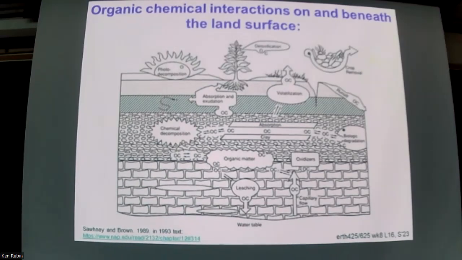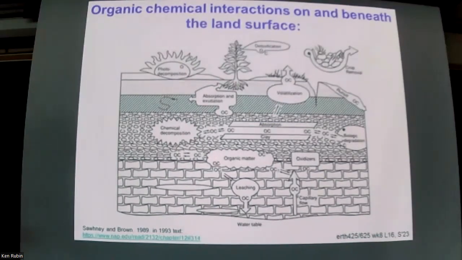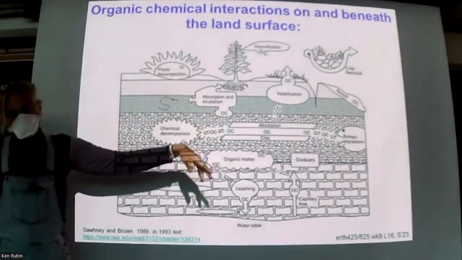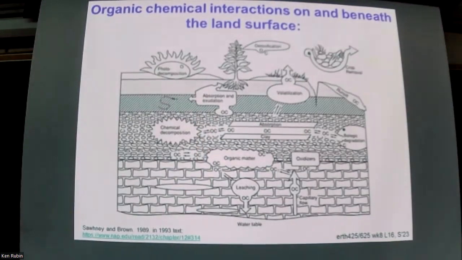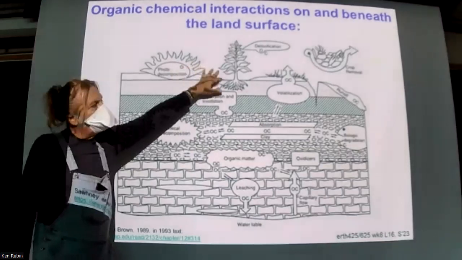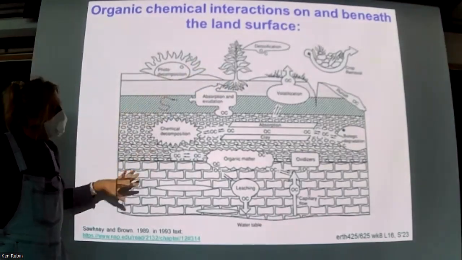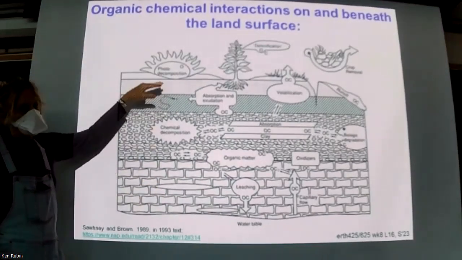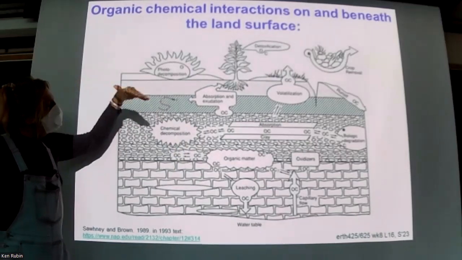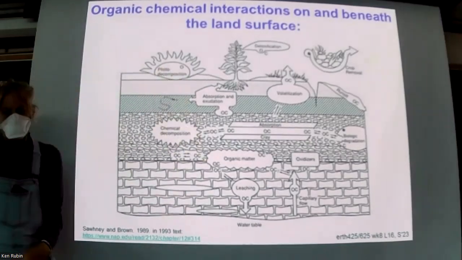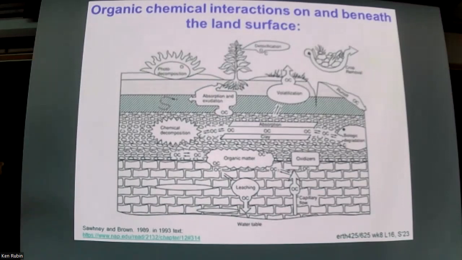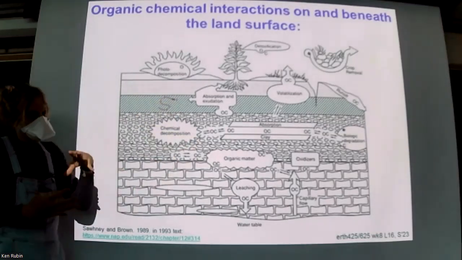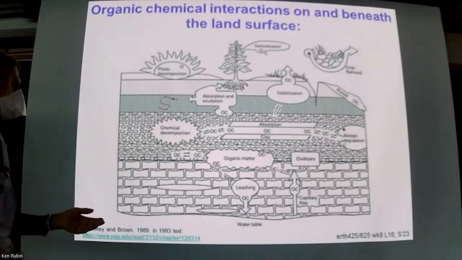And I want to remind you that in general, organic chemicals in the subsurface, as well as inorganic chemicals, participate in this whole process that we've been talking about of soil formation, transformations between soil and living biota on the land surface and in the land surface, the formation of saprolite, and therefore the production of a soil horizon with a zone of accumulation, changes in pH, changes in organic matter content, reflecting to some extent some of the other conditions that we've talked about, such as, in the zone of accumulation, the precipitation of hydroxides and carbonates.